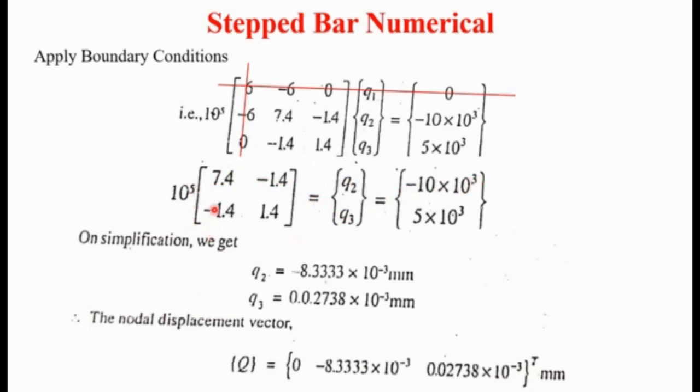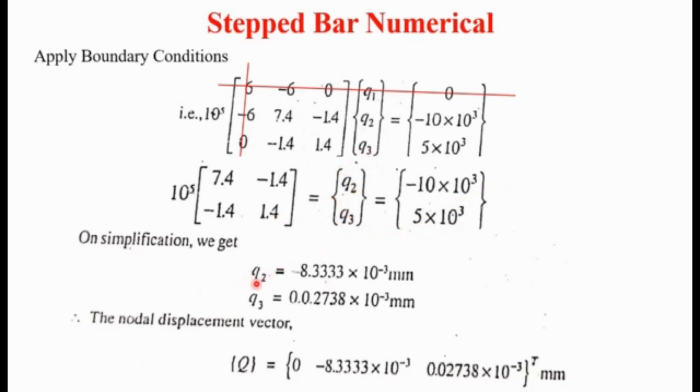The second equation, with 10 raised to 5 common, is minus 1.4 q2 plus 1.4 into q3 is equal to 5 into 10 raised to 3. By solving these two equations simultaneously, we get the two unknowns q2 and q3.